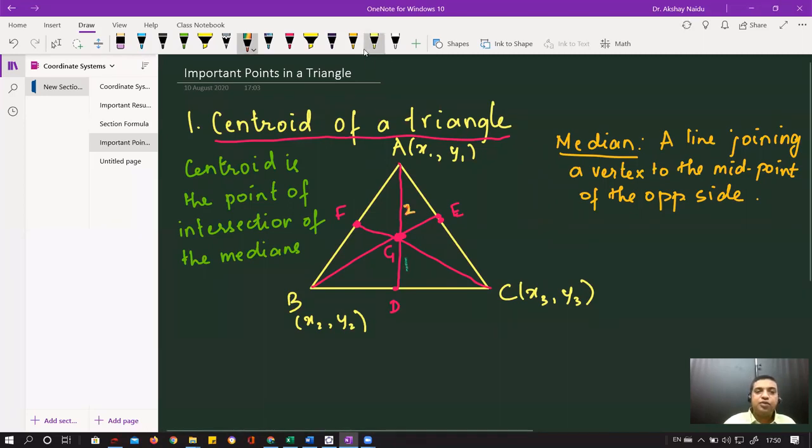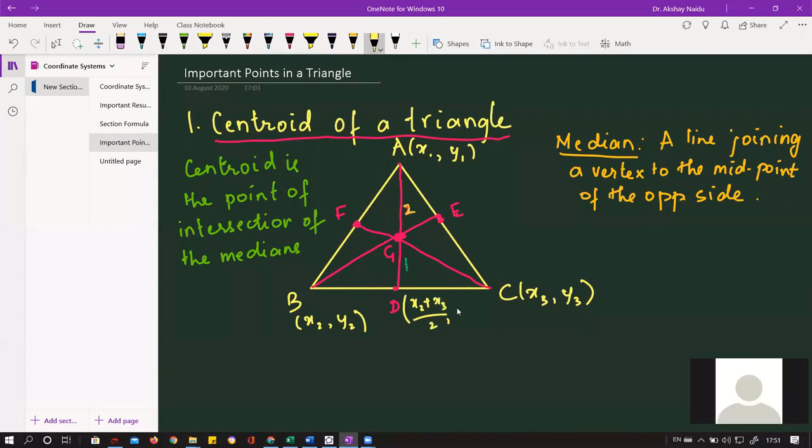So now you apply the section formula for AD. D you will find is ((x2 + x3)/2, (y2 + y3)/2). Now you apply the section formula. I leave this exercise to you. Simple calculation.